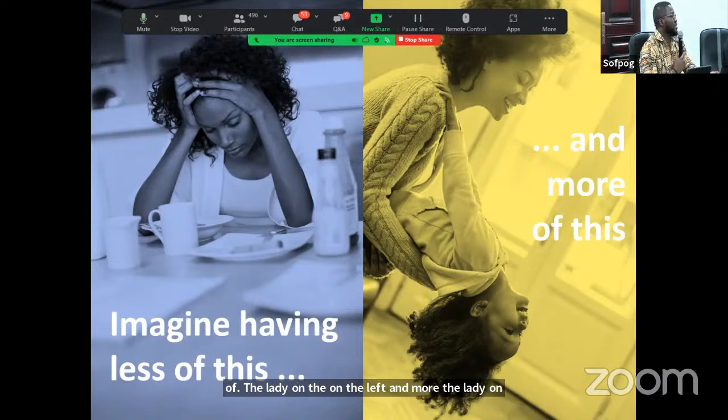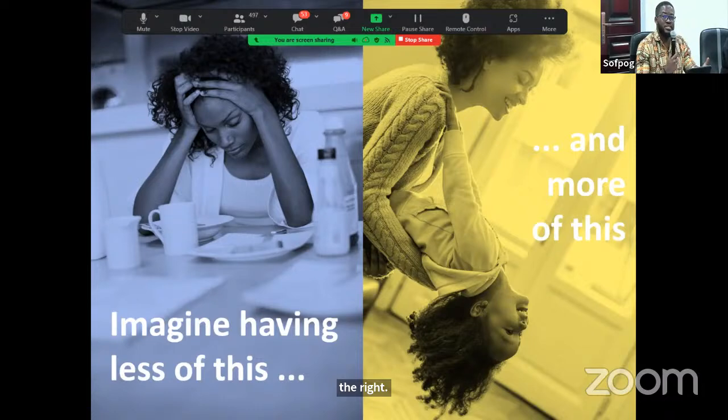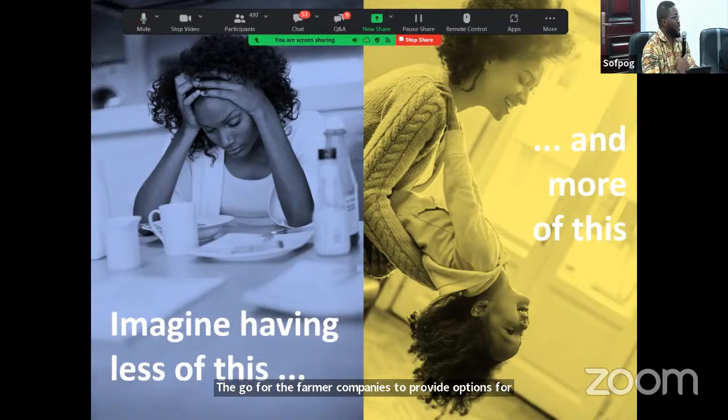Clearly, it is a very debilitating condition, and we are looking at ways to manage it and have options. The goal for the pharma companies is to provide options for clinicians, so that you're not stuck on one medication forever, that we can have more innovation, and our patients are our topmost goal, and we want to give them the best quality of products we can.